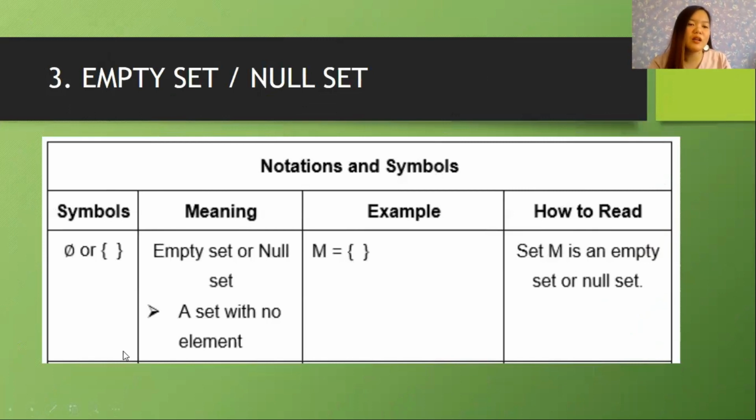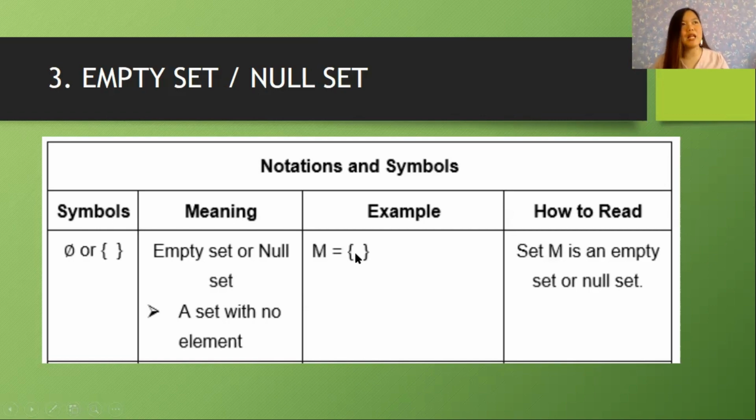Next one. Empty set or the null set. In symbol, it should be a 0 with a slash or only an open and close brace. Open and close braces only. So, the meaning of an empty set is a set with no elements. For example, in set M, none.